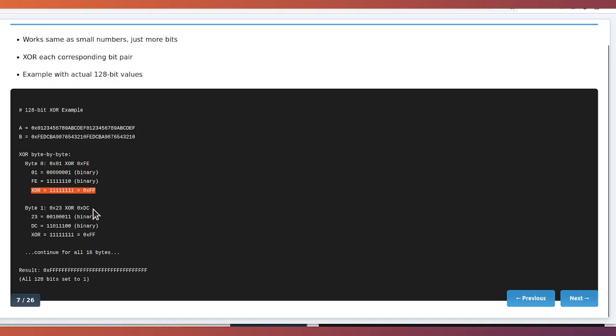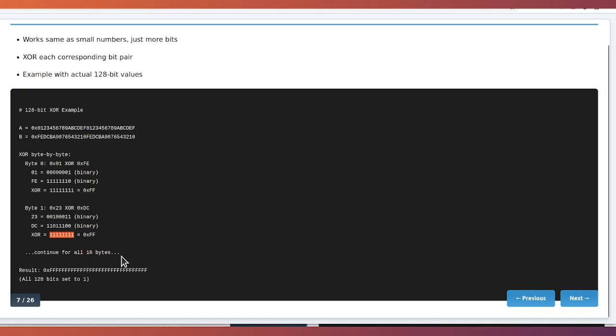The second byte of A is 0x23, which is 00100011 in binary. The second byte of B is 0xDC, which is 11011100 in binary. XOR-ing: 0 XOR 1 equals 1, 0 XOR 1 equals 1, 1 XOR 0 equals 1, and so on.